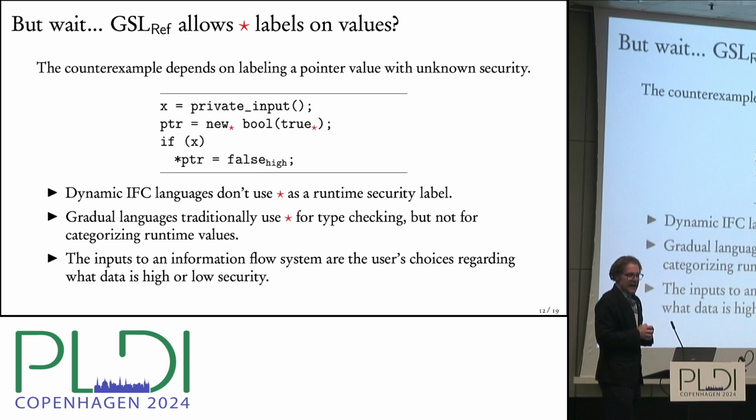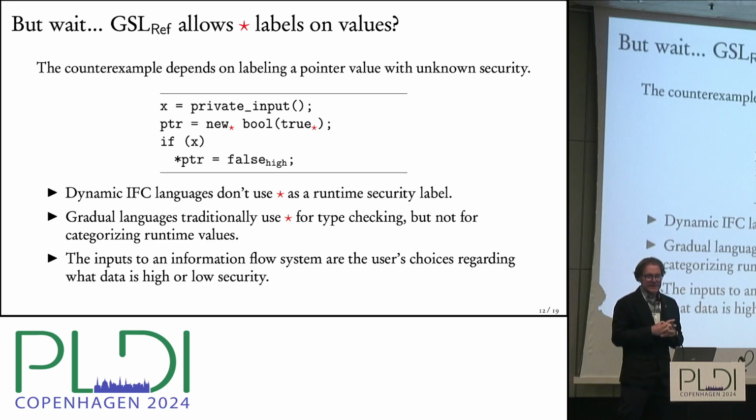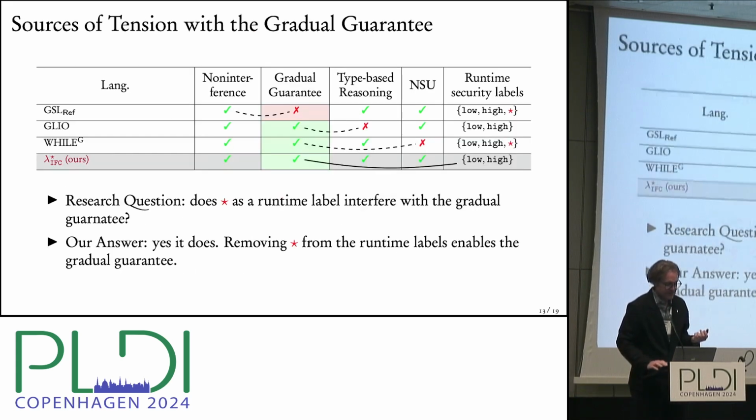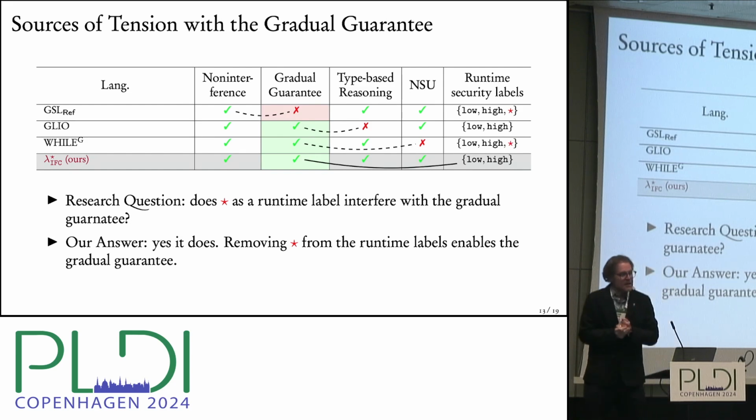The other weird aspect of allowing unknown on values is that the whole point of IFC is that your user is telling you, oh, I've got some high security data, and that's an input to your system, and then your job is to protect that data. And if they don't tell you what it is, what can you do about it? So it's a bit ill-posed. Okay, so that was GSLRef. They've got non-interference, but not the gradual guarantee.